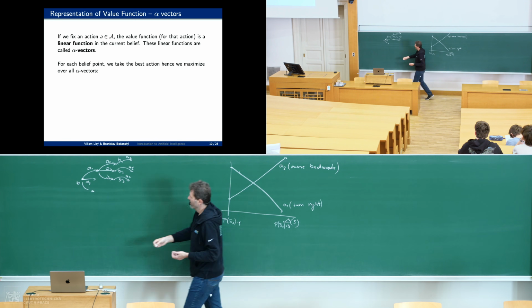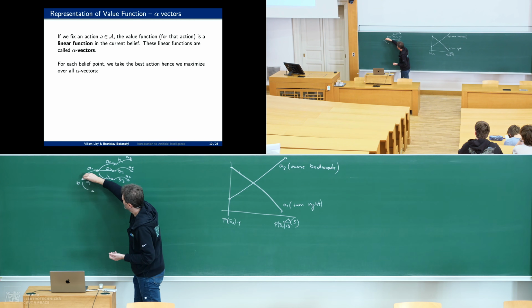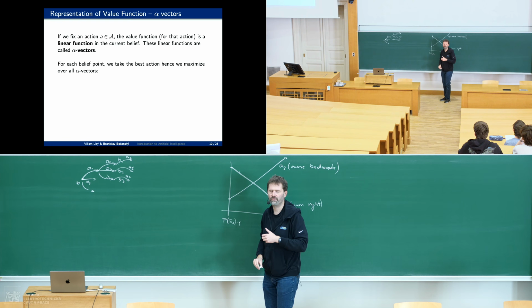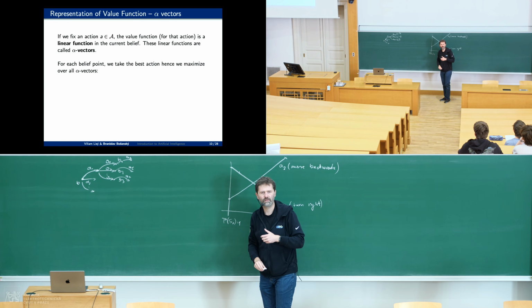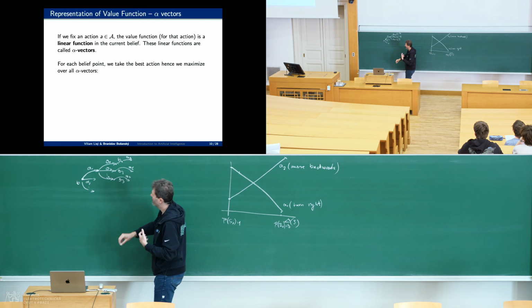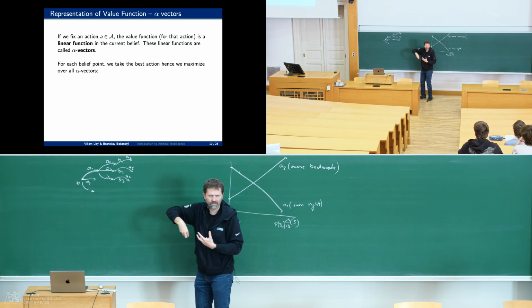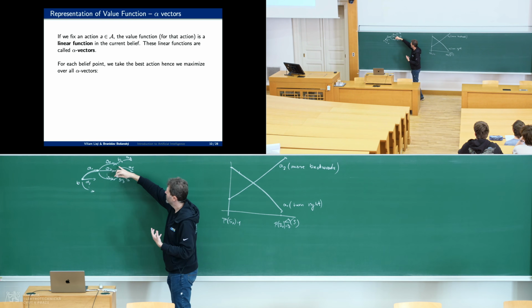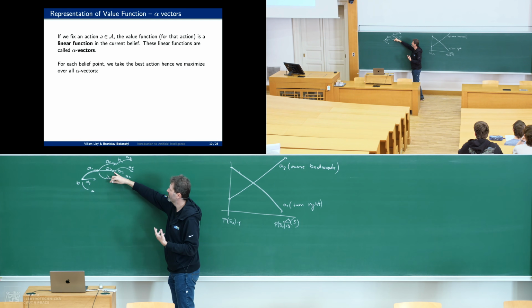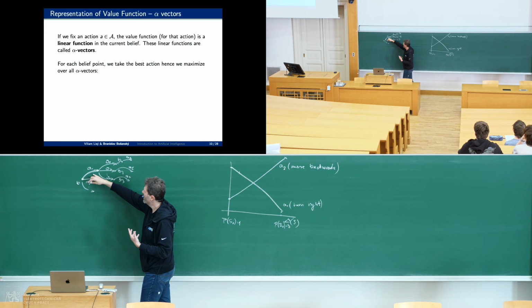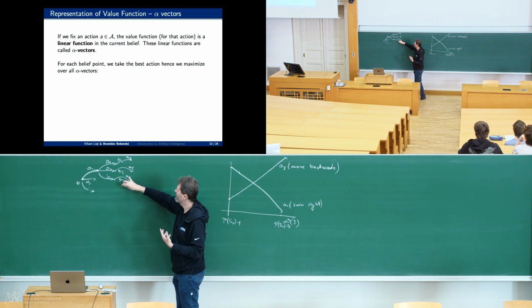Playing A1 is a one-step policy in a POMDP. If I want a two-step policy, I need A1 and then a mapping: what will I do in this belief point, in this belief point, and in this belief point. So a two-step policy can be A1, A4, A5, A7.